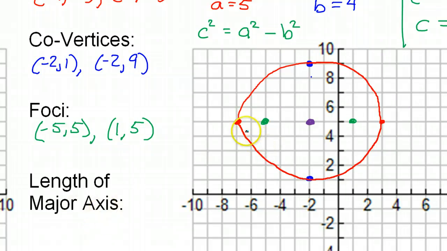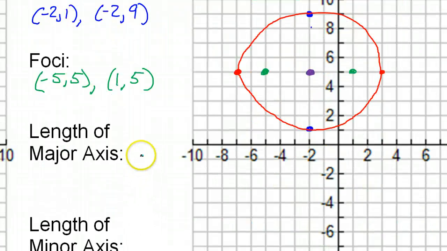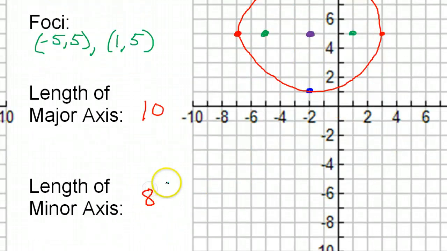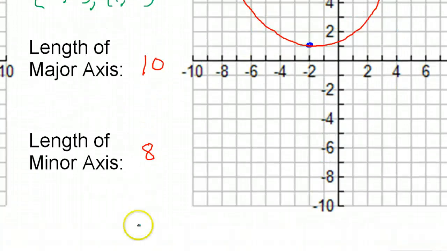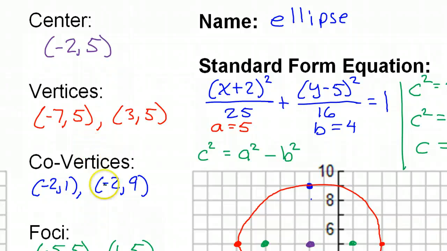Okay, so the major axis is the length the long way. It's always going to be double this a, because it's 5 and 5, so all the way across, that's 10. So the length of the major axis is 10. Now the minor axis is going to be the short way across. So that's up 4 and down 4 for a total of 8. And I guess that is it for Mr. Ellipse.